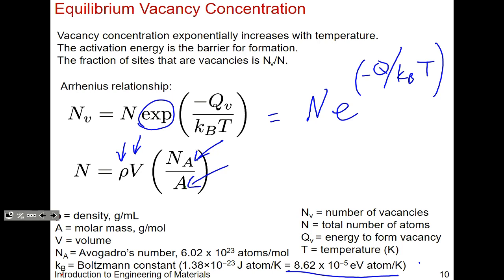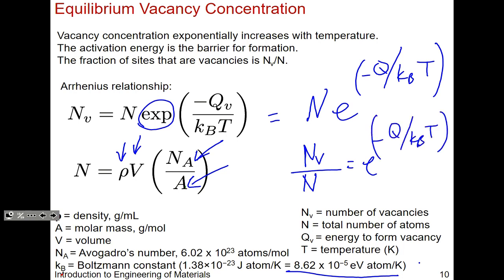Okay. So then when we talk about vacancy concentration, what we're really talking about is NV divided by N. So NV is the number of vacancy sites. NV over N is the concentration or the fraction, okay? Because that's what we're really interested in, right?